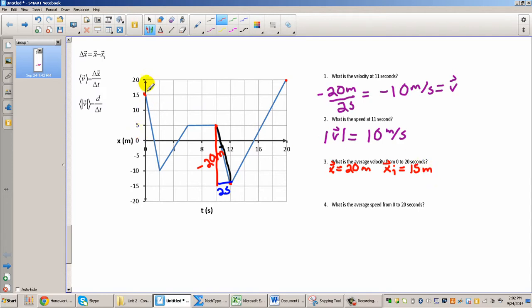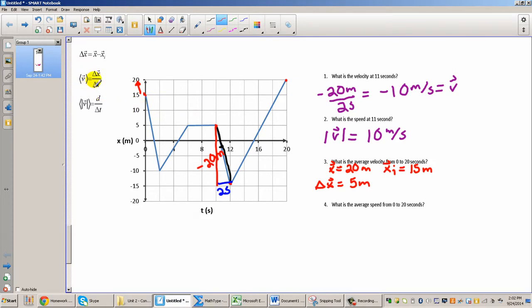So from 0 to 20 seconds, I've displaced positive 5 meters. You can also find that by taking 20 minus 15. So our displacement during that time interval is positive 5 meters, and displacement's a vector.